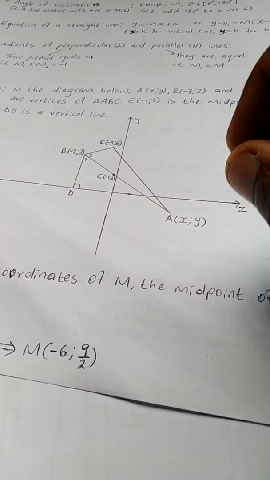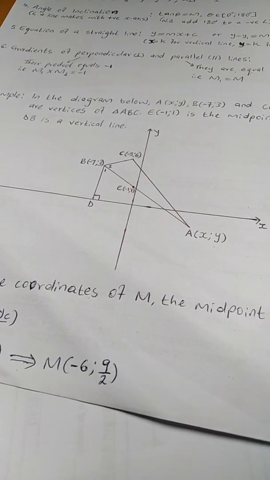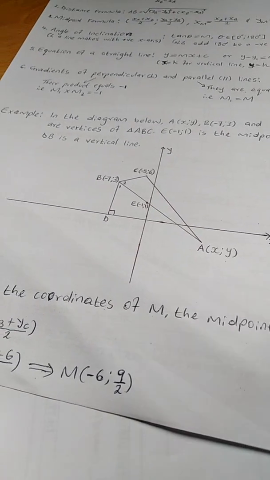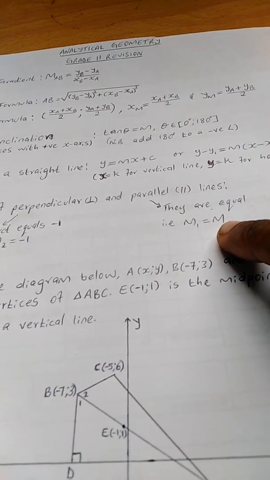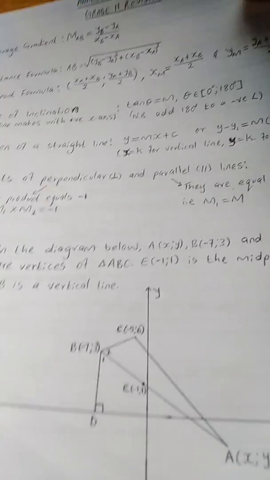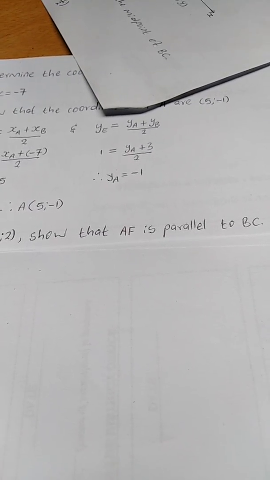So what you have to try and do, find the gradient of AF, find the gradient of BC, and then see if those two gradients are the same, because we said the gradients of parallel lines are equal. So if they say to you, prove that AF is parallel to BC, then using their gradients, they've got to be the same.